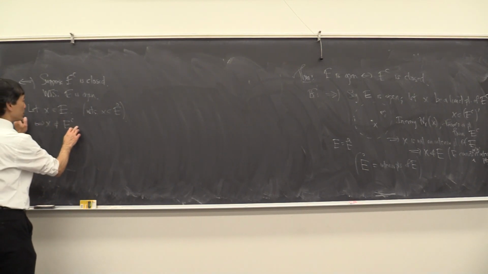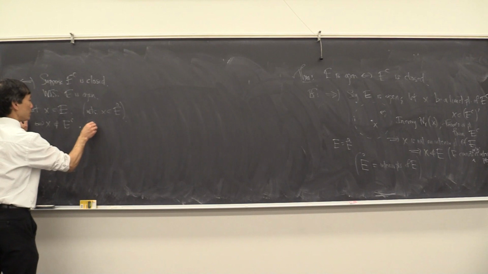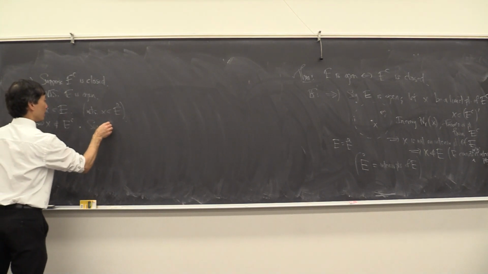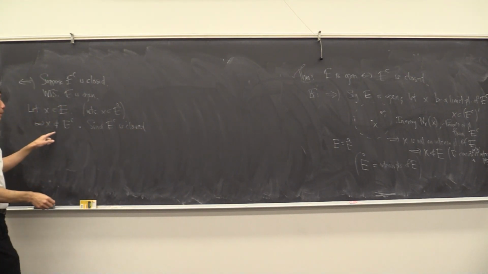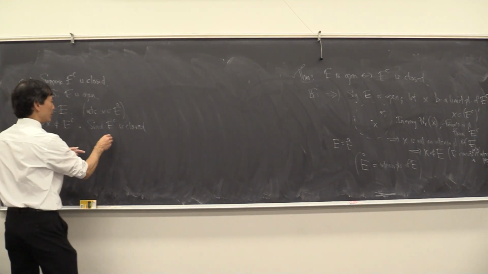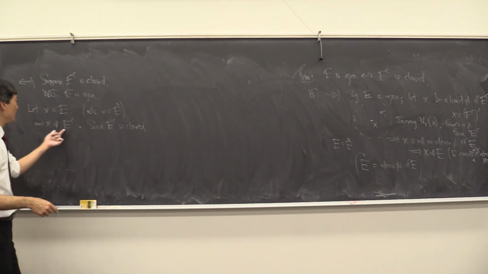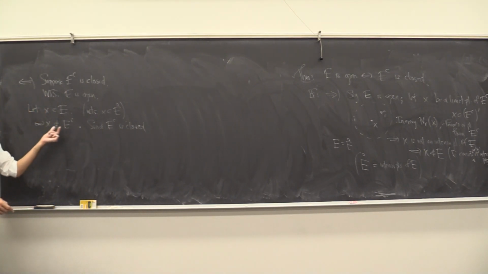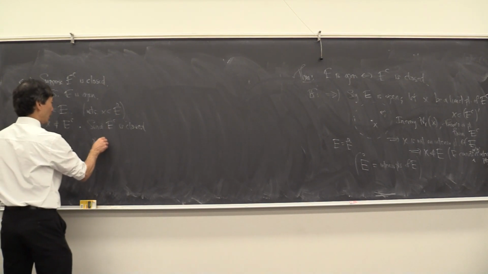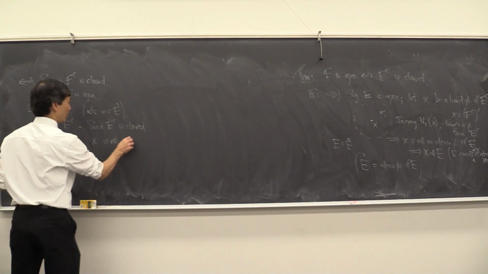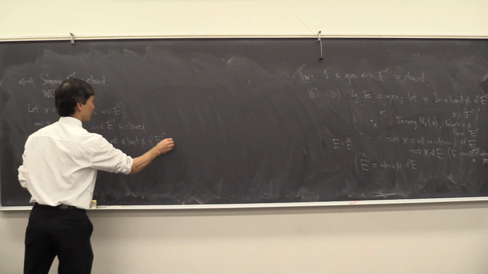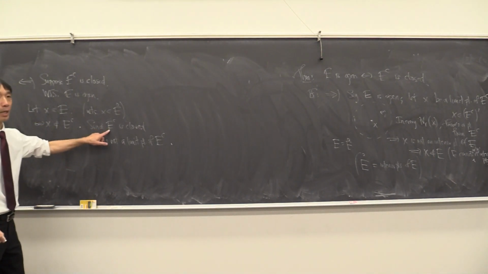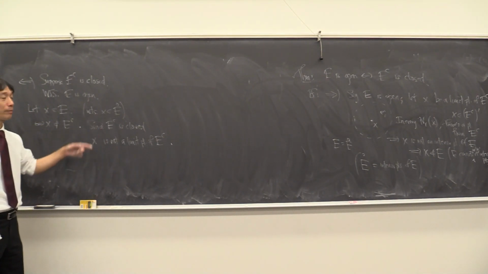But E complement is closed, right? Since E complement is closed, it contains all its limit points, so that means that X can't be a limit point of E complement. X is not a limit point of E complement, because E complement contains all its limit points.